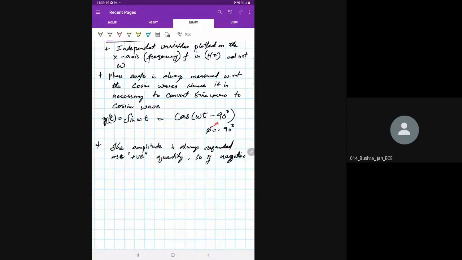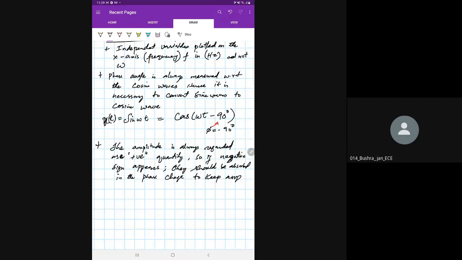If a negative sign appears in your amplitude in the given signal, those negative signs should be absorbed in the phase change to keep the amplitude positive.